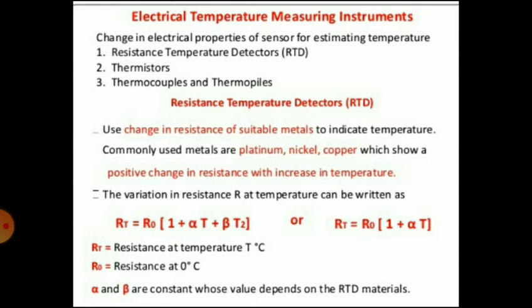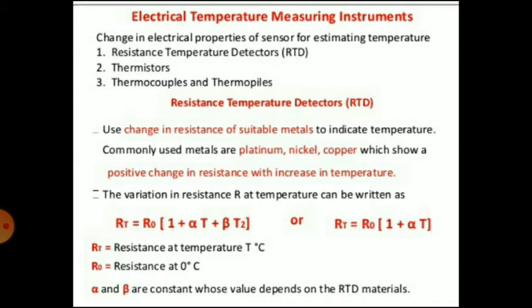There are two types of elements. First is elements whose resistance changes with temperature. There are materials whose resistance increases with temperature, while there are materials whose resistance decreases with temperature. Second is a combination of resistive elements which produce thermal EMFs.